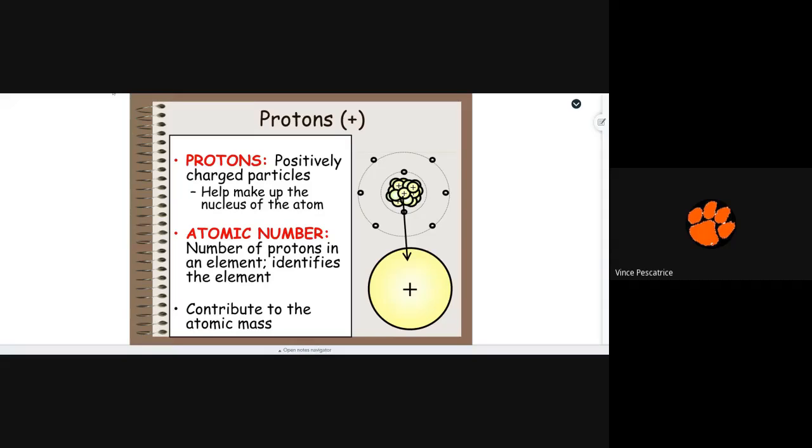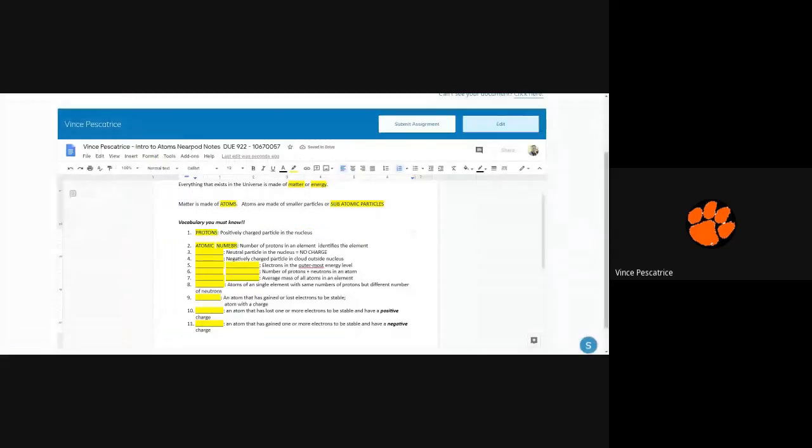If you are keeping up, you should have this done. So this is what your sheet should look like so far.